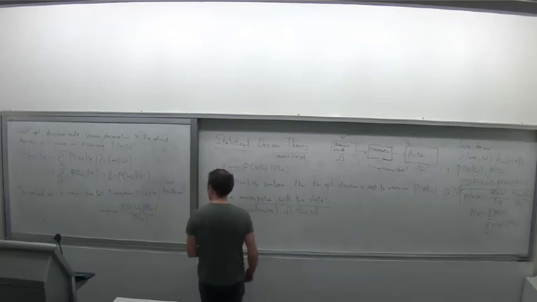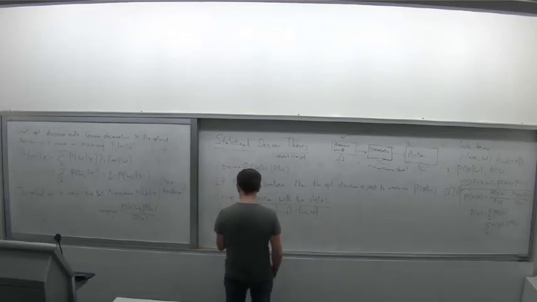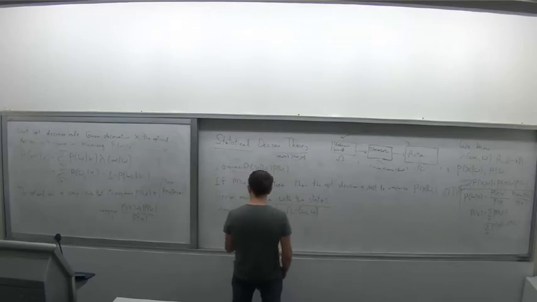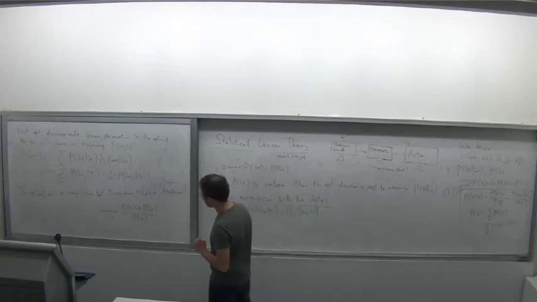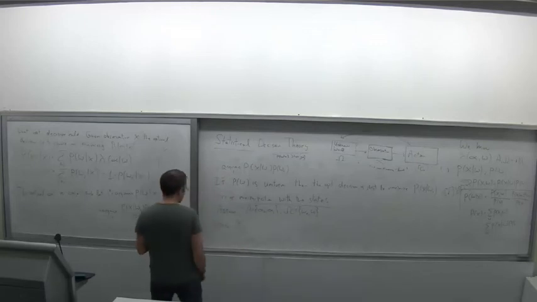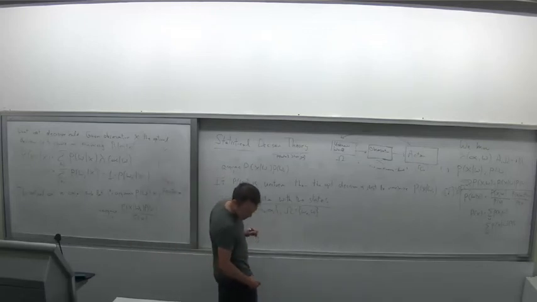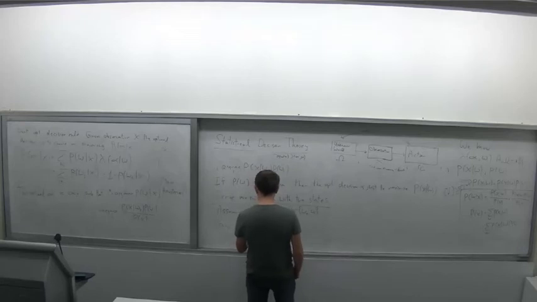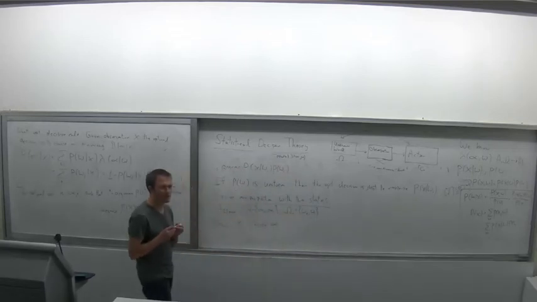Let's just recap what we said here. Given x, the observation, we will choose alpha 1. When do we choose alpha 1?